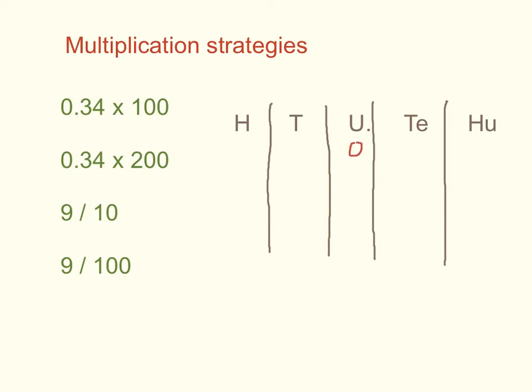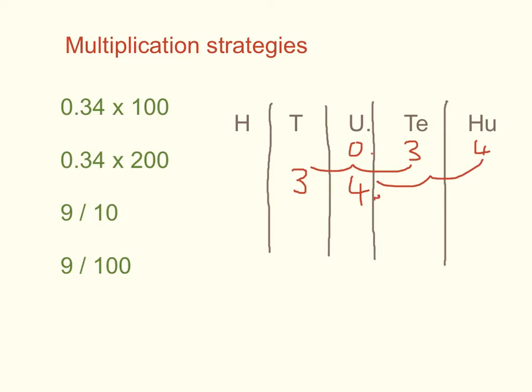So for 0.34 multiplied by 100, I'll have to move each digit 2 places, so the 3 will no longer be 3 tenths, but 3 tens, so it's moved 2 columns, and the 4 hundredths will move 2 as well, so it will become 4 units, so that number will become 34.